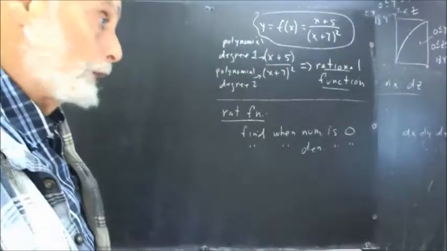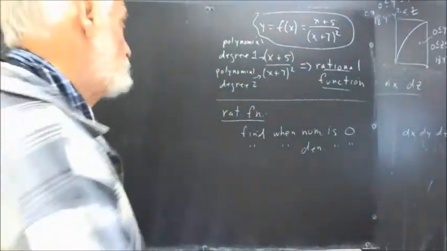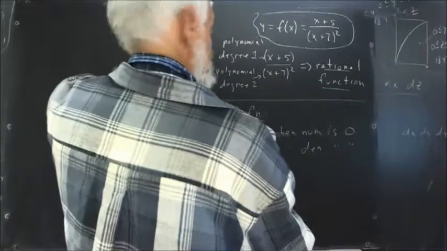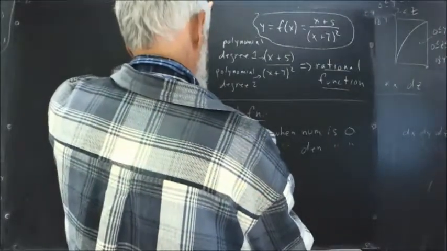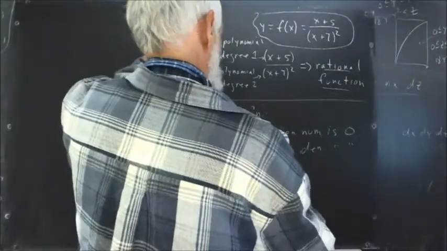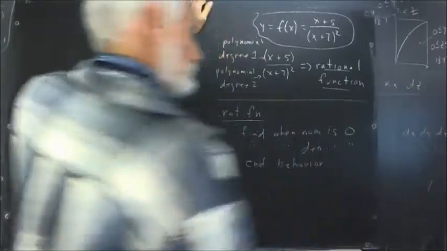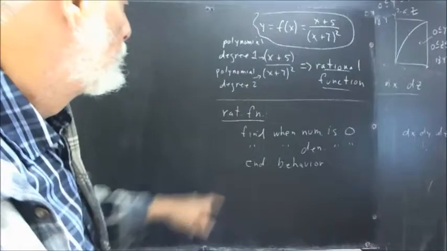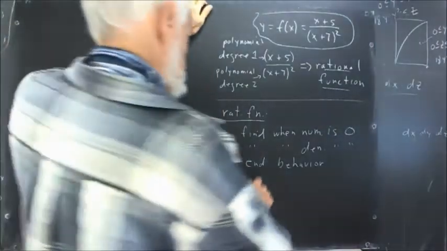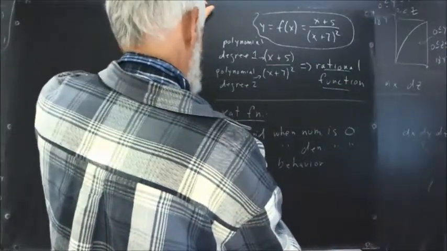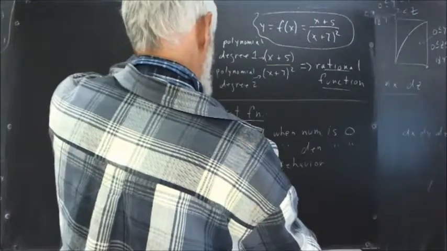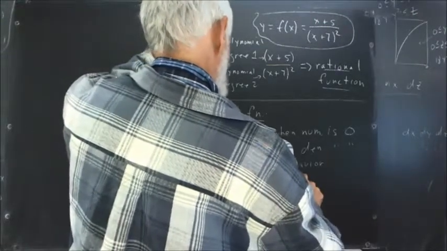Those are the first two things you want to do. You also want to look at end behavior and possible asymptotes.